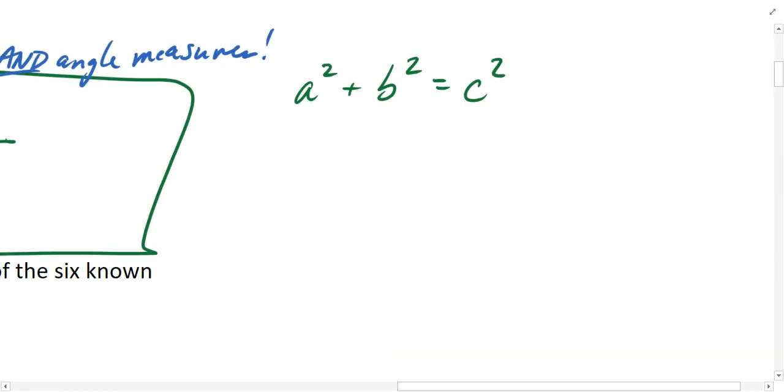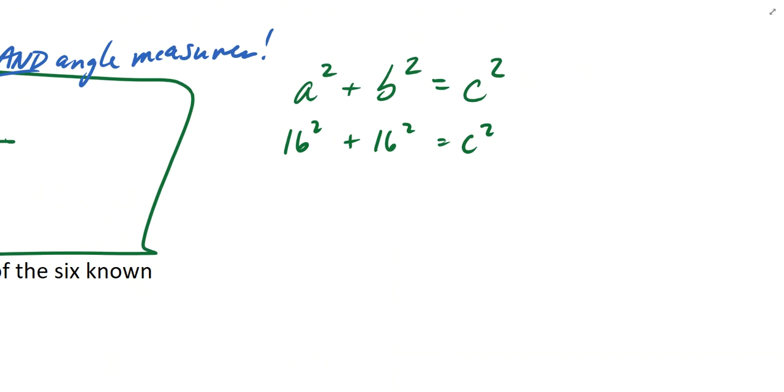So a squared plus b squared equals c squared. So it stands to reason that 16 squared plus 16 squared is equal to c squared. So then 512 is equal to c squared after we sum together 16 squared twice.